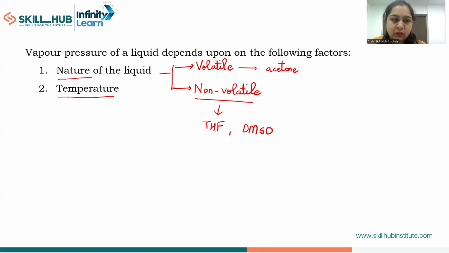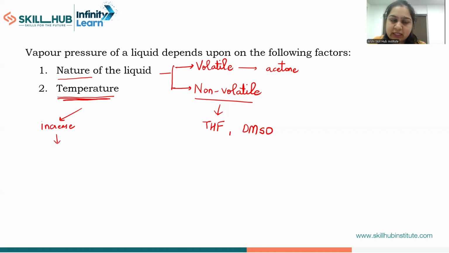Okay, now let us come to the topic of how vapor pressure depends on temperature. It's very easy. If I increase the temperature, of course, on increasing the temperature, we know that the liquid will start boiling, and if the liquid starts boiling, it is going to form vapors. So more vapors will be formed, and if more vapors are formed, the vapor pressure is going to be high.